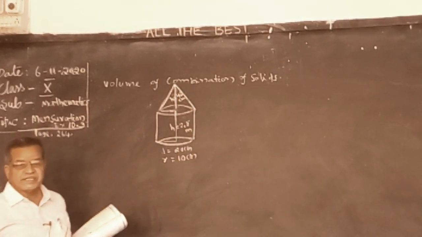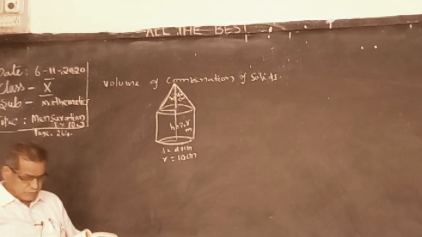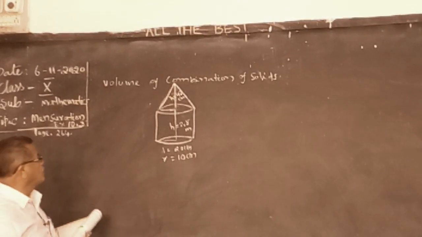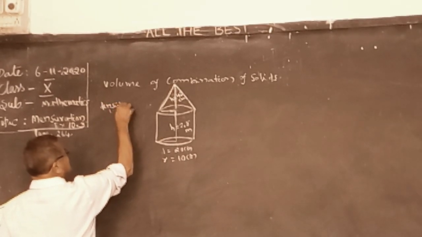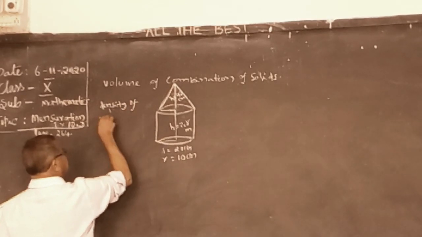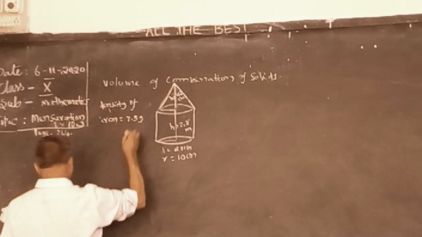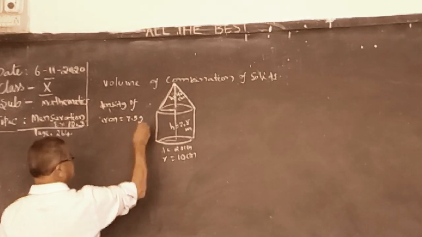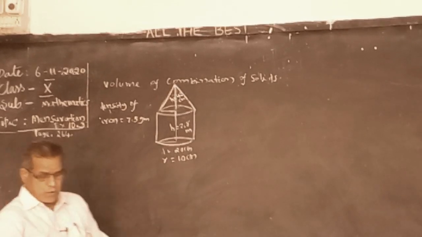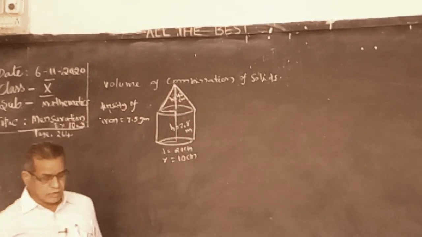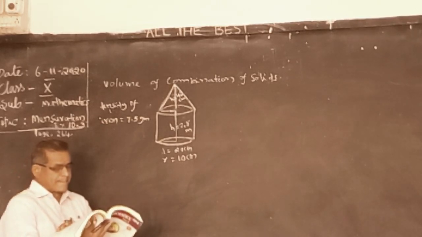We have to find the volume of the pillar. Density of iron is 7.5 grams per cm cube. We have to find the weight of the pillar, weight of the solid.